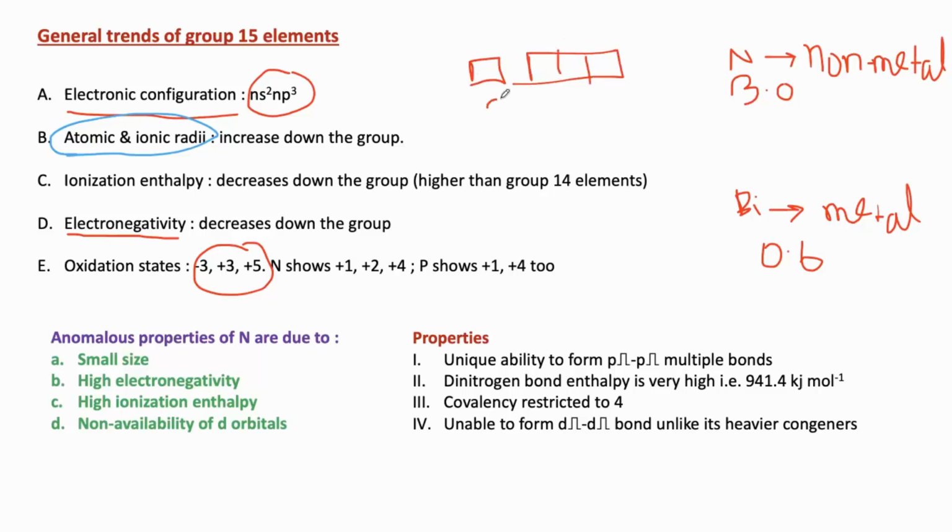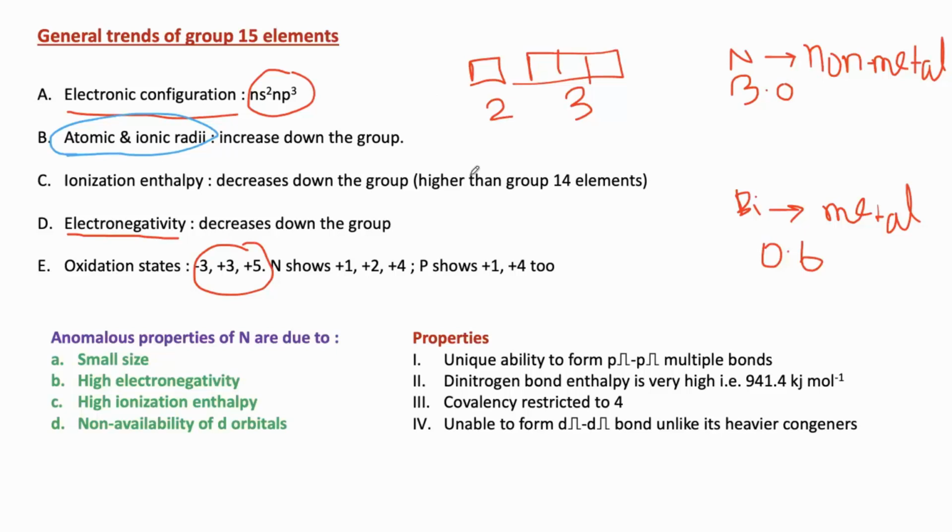There are 2 electrons in the s orbital and 3 electrons in the p orbitals. If we remove the 3 p electrons, the oxidation state will be +3. If we snatch away all the electrons from the s and p orbitals, it will be +5. So -3, +3, +5 are the general oxidation states of a group 15 element.